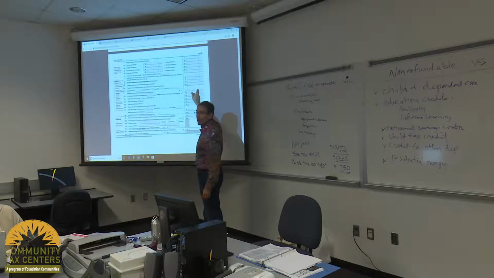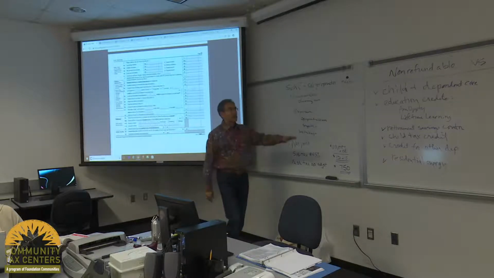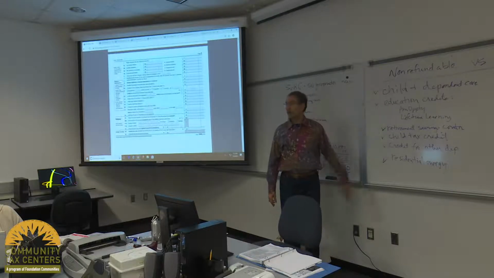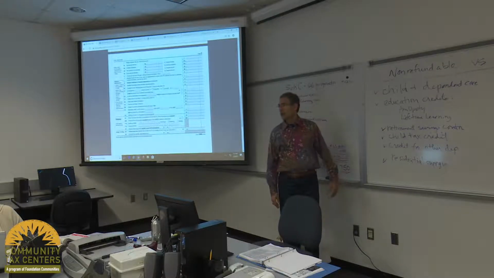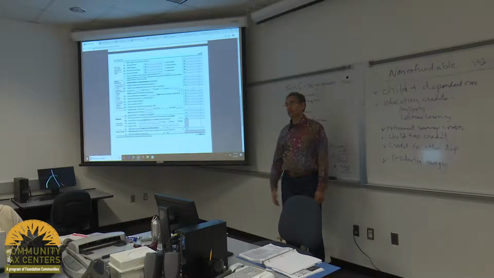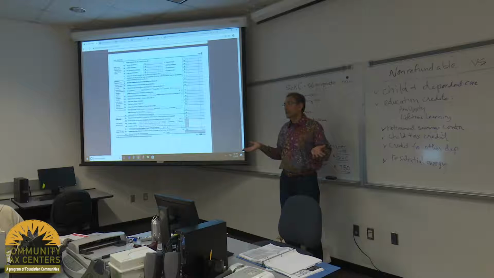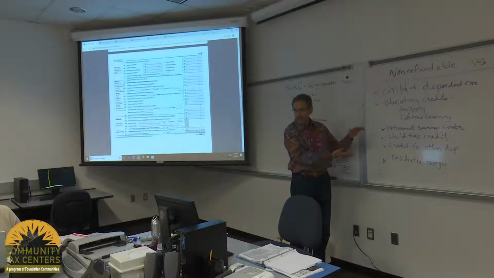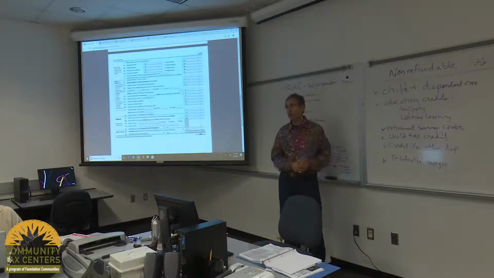If it's 0 here, then I don't care what they have in terms of non-refundable credits, it doesn't help them. It's just the refundables that could then put money in, because they have no tax liability. So non-refundable credits can only reduce the tax liability to 0. Otherwise, you just walk away from it.